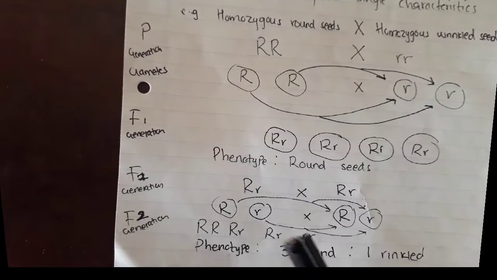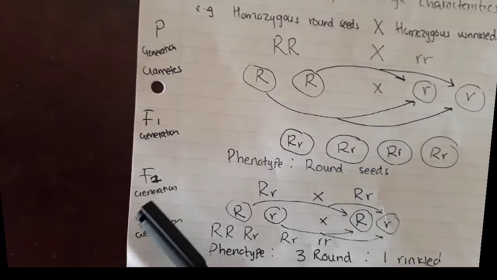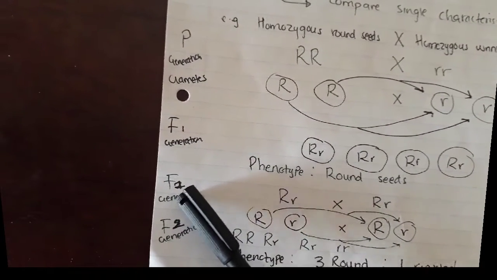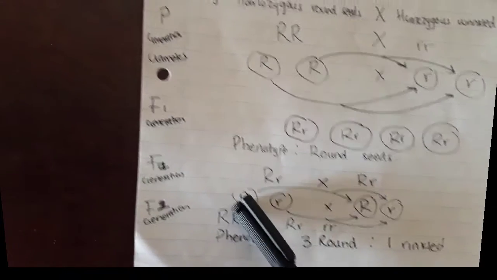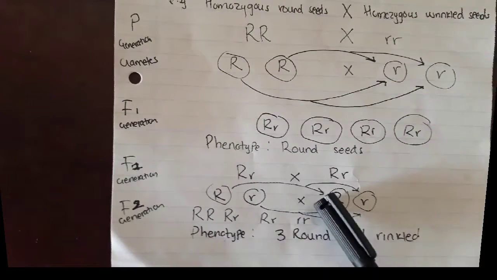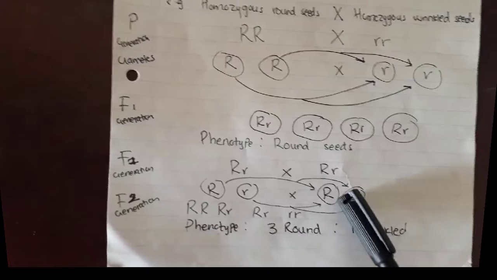So if we cross the F1 generation, one allele of one parent will associate with two alleles of the other parent. Then the other allele also does the same.